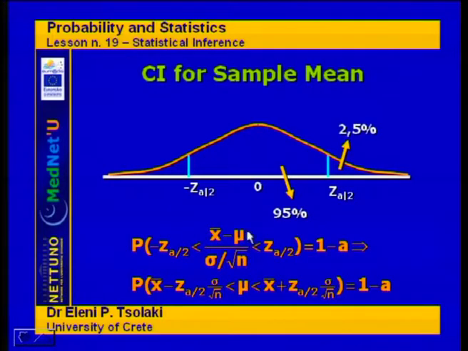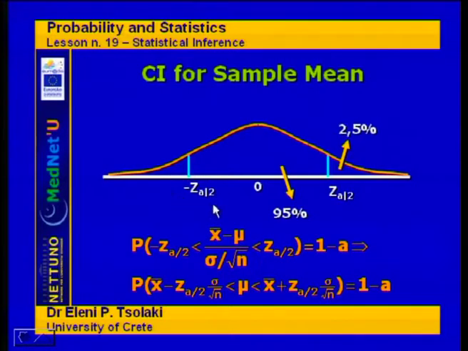And now how we can create the confidence interval for the sample mean is that we know the probability that this will be between minus Z a/2 and Z a/2. These are the two points of the standard normal distribution.